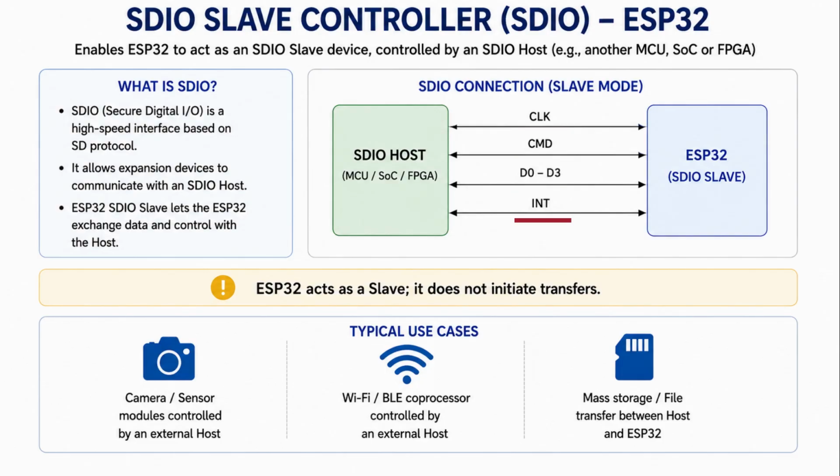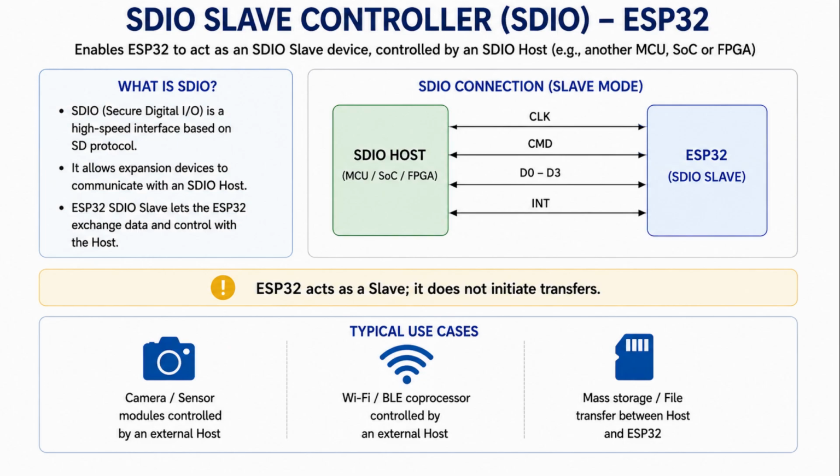There is also an interrupt line that the ESP32 can use to notify the host. The most important thing to remember is the ESP32 does not start the transfer. It waits for the external host to communicate with it. One possible application is using ESP32 as a Wi-Fi or Bluetooth coprocessor controlled by another processor.